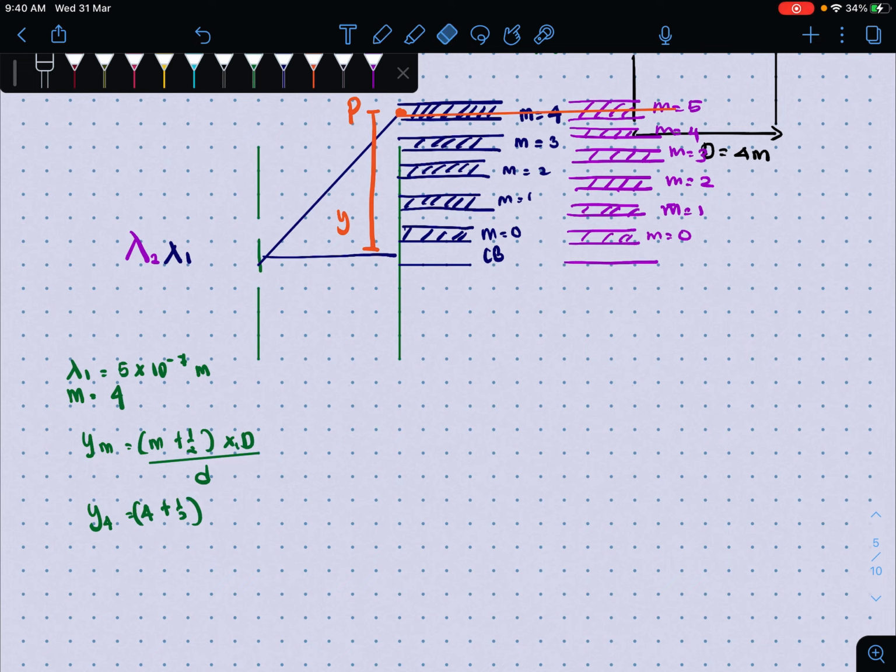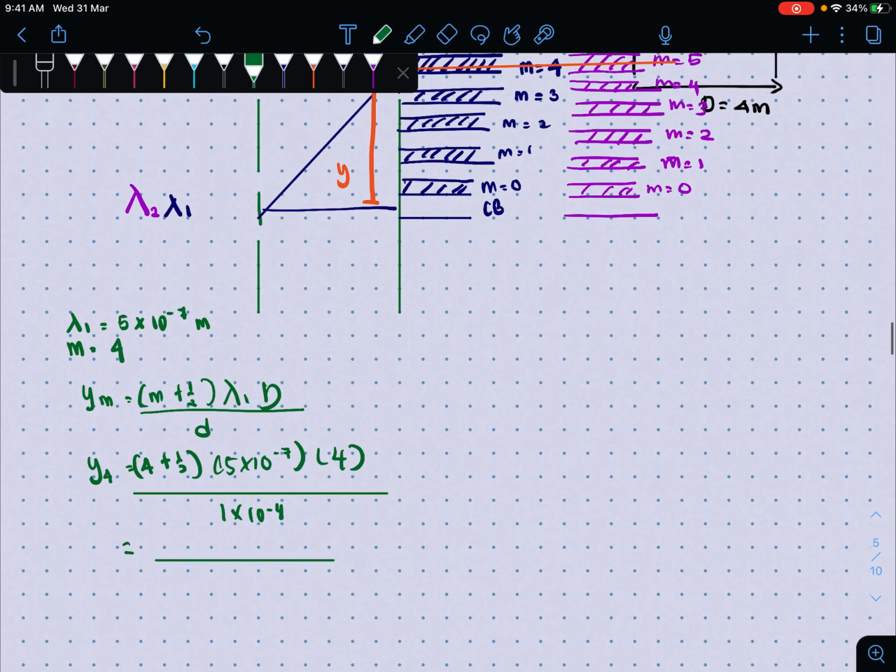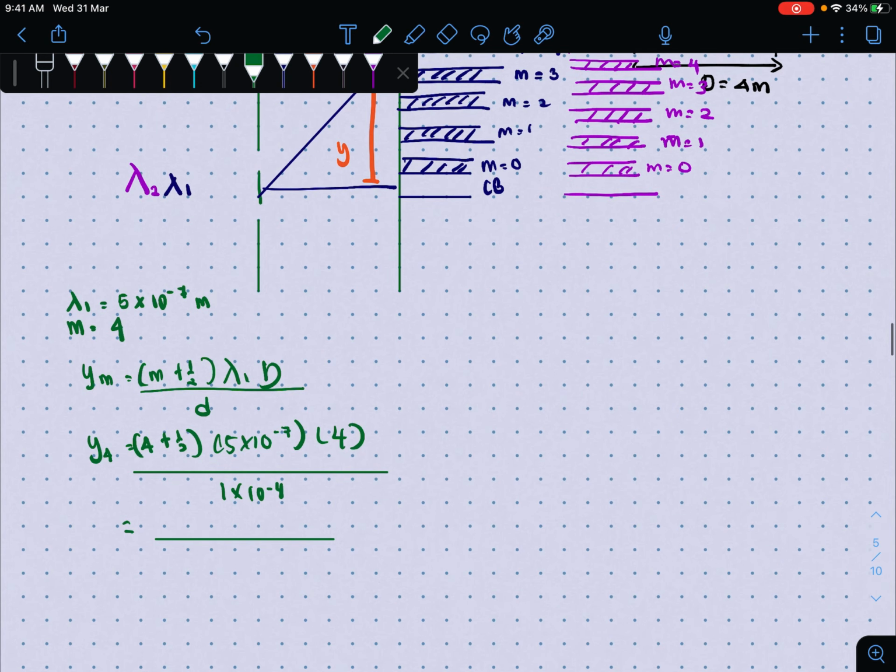So I'm going to substitute the value of my lambda 1 here. Lambda 1 is 5 times 10 to the power negative 7. My D here is 4 meter. And d kecil kita dah cari tadi dekat atas, 1 darab 10 negatif 4. So what you can do is you can find your Y4 here.